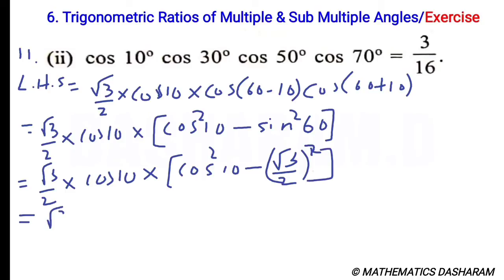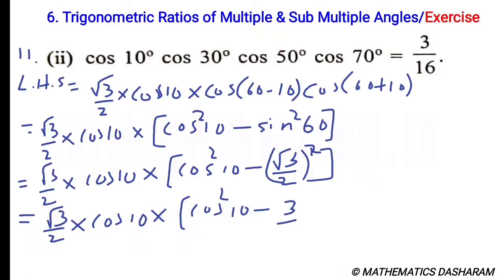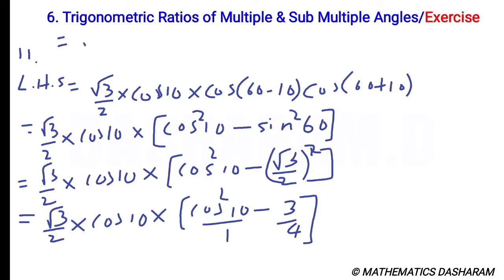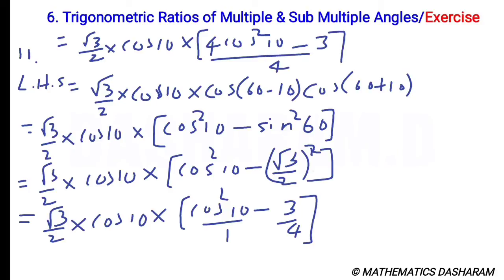So it is equal to root 3 by 2 into cos 10 into cos square 10 minus, root 3 by 2 whole square value is 3 by 4. Now take the LCM. So it is equal to root 3 by 2 into cos 10 into 4 cos square 10 minus 3, divided by 4.